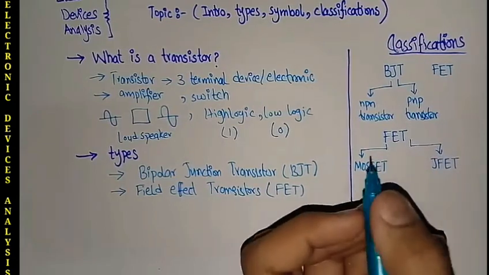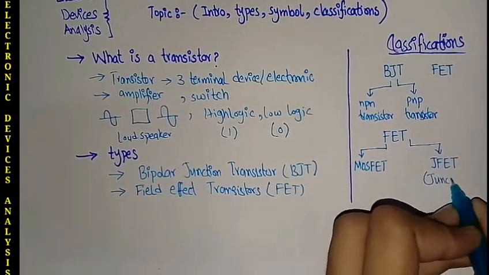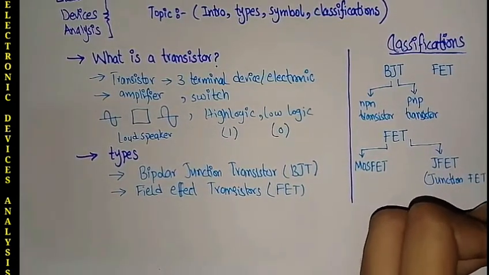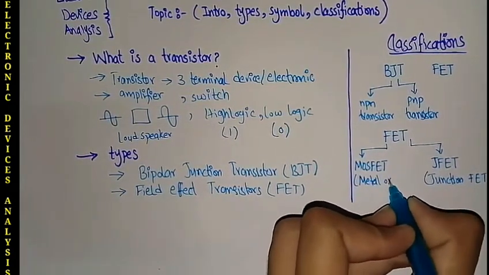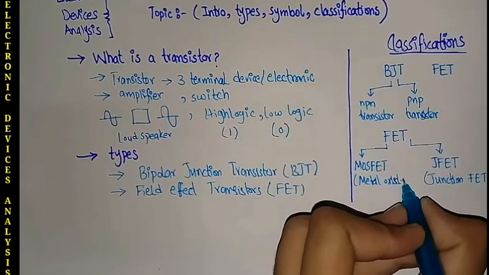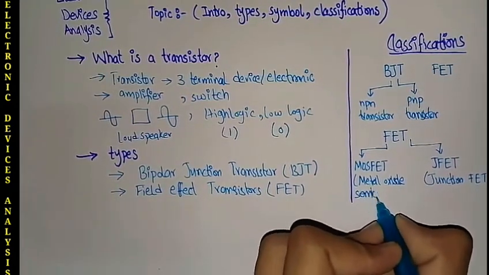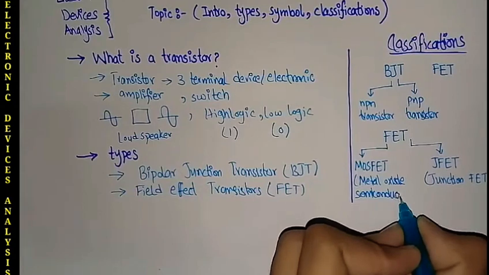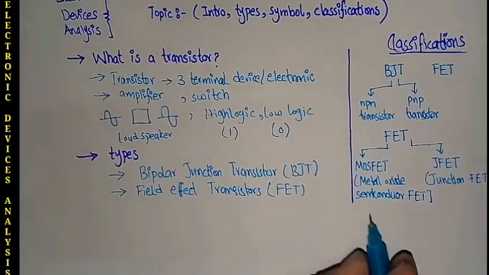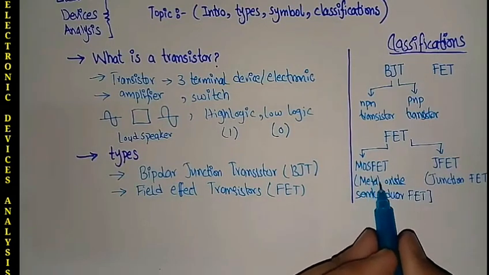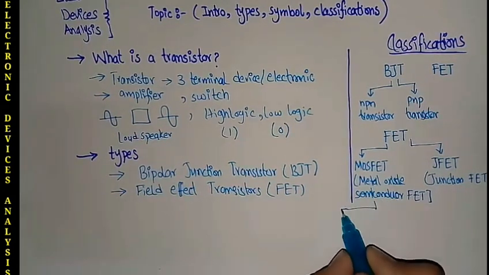JFET means junction field effect transistor, and this will be metal oxide semiconductor FET. So the MOSFET, the metal oxide semiconductor, has furthermore two types.